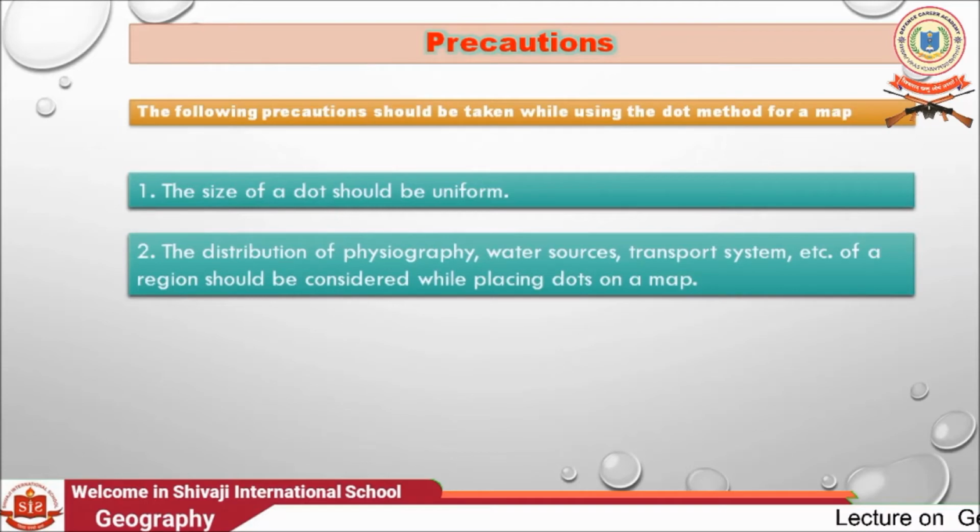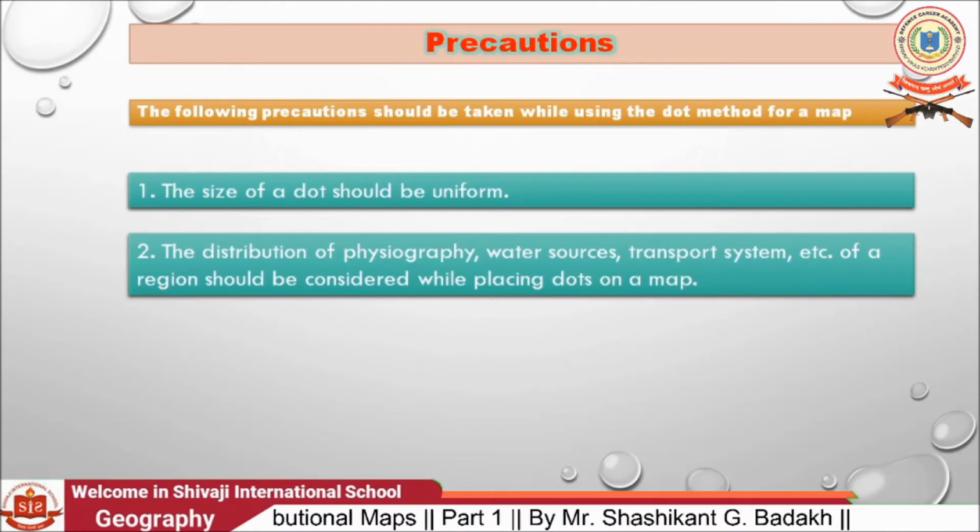Then second, the distribution of physiography, water sources, transport system, etc. of a region should be considered while placing dots on a map. Suppose we want to show the population distribution. We need to see whether there are mountains there or not, and what the physiography is like. We should not place dots on the mountains, because it would not be proper. So while putting the dots you have to consider the physiography there.